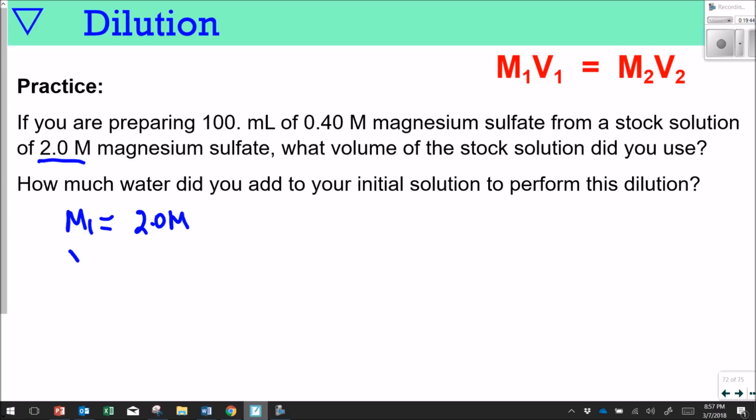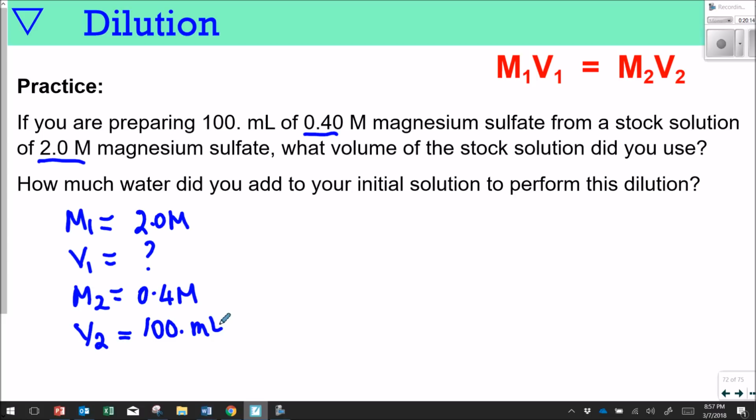Then we have V1, which is the volume of that stock solution, and that's what we're trying to find. We have M2, which is the molarity of the diluted solution, and there it is at 0.4 molar. You can see it's less concentrated. And then we have V2, which is the final volume of our diluted solution, and that's 100 milliliters.